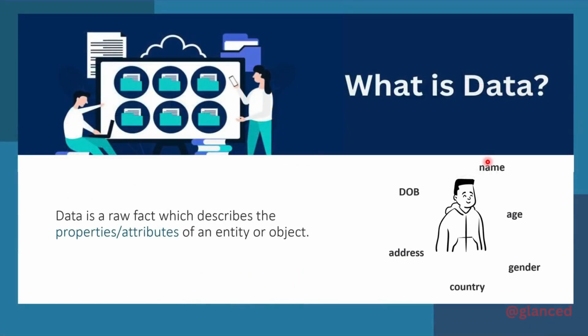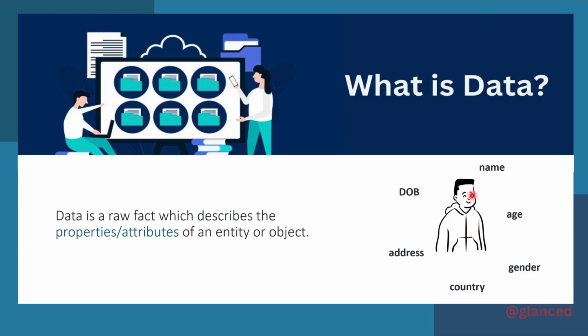Now let's see what is meant by data. If I ask what is data, you say just information about something, right? Yeah, it is also correct, but in technical terms, you have to understand it in a very deep way, right? Let's say we take a person. Let's say his name is Shiva, okay?